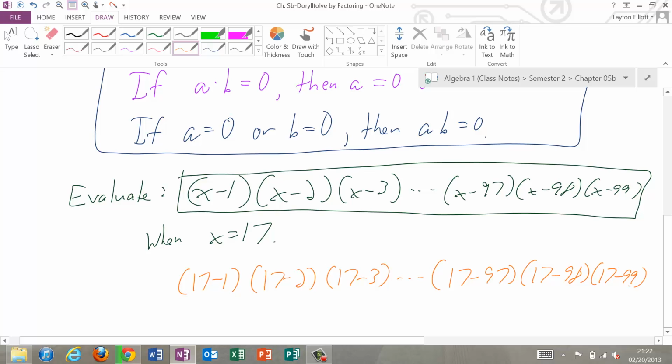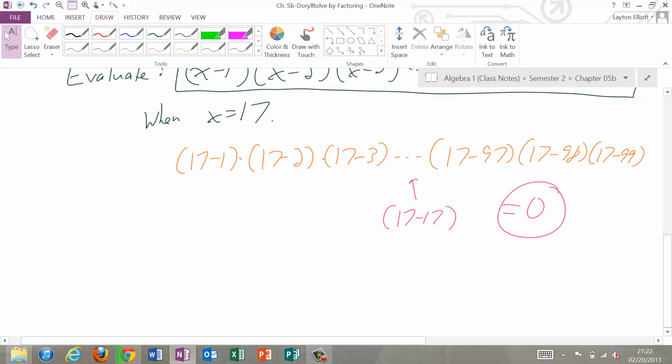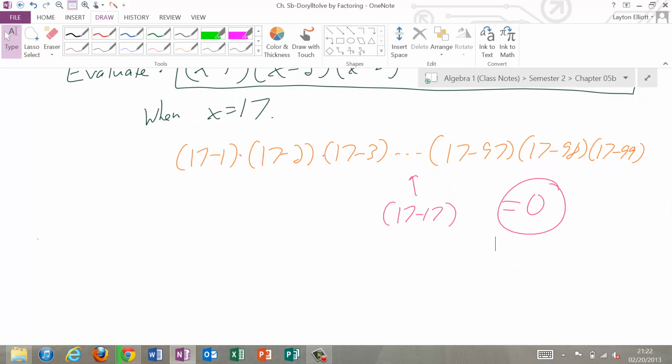This may seem like an incredible, crazy product, but somewhere in here we actually have this particular factor, 17 minus 17. 17 minus 17 is 0. So 0 times this whole thing just makes the entire product equal 0. So the whole product is actually equal to 0. So it's a little bit of a trick question, and that's the essence behind the zero product property.